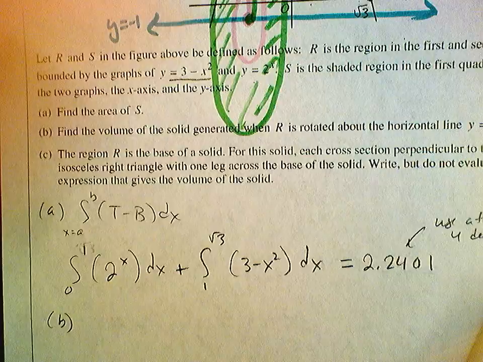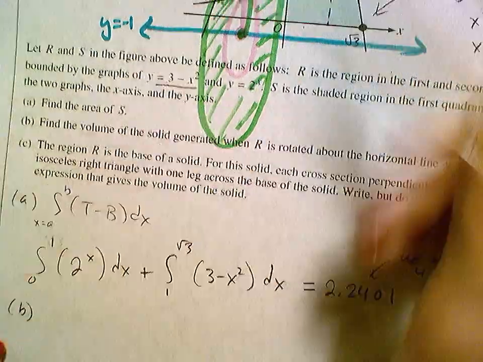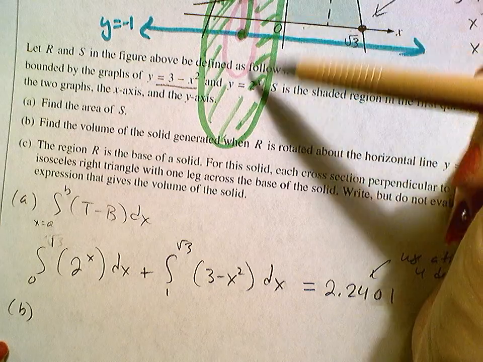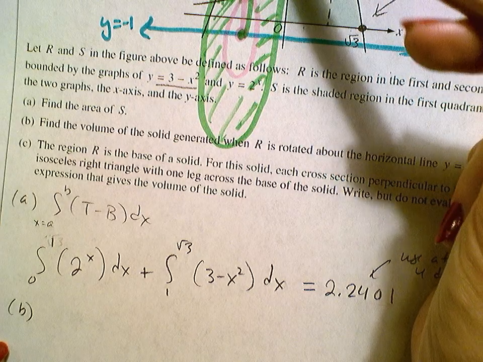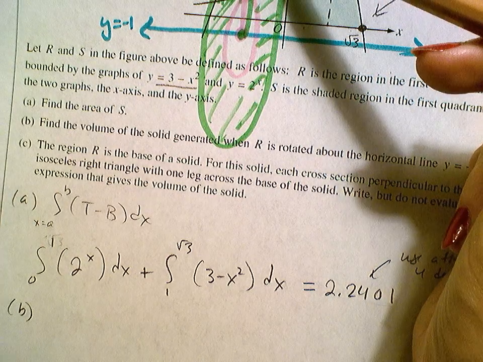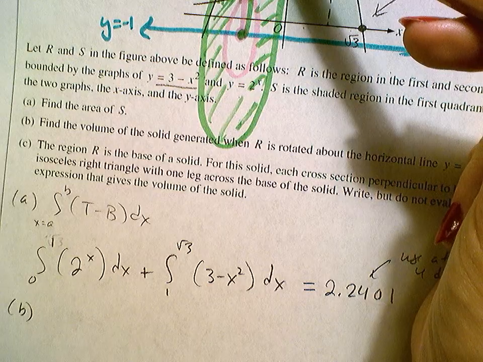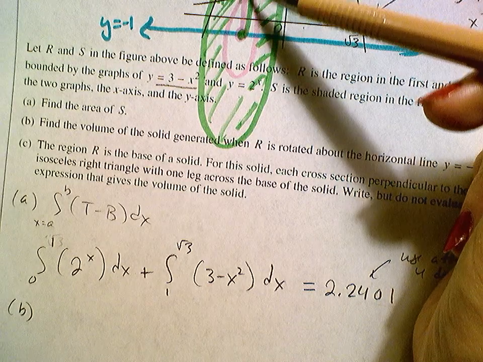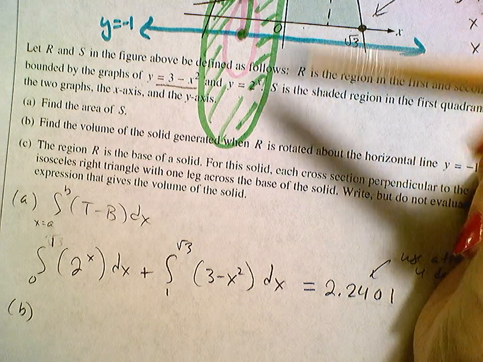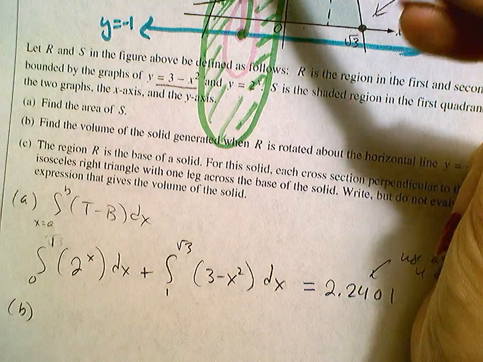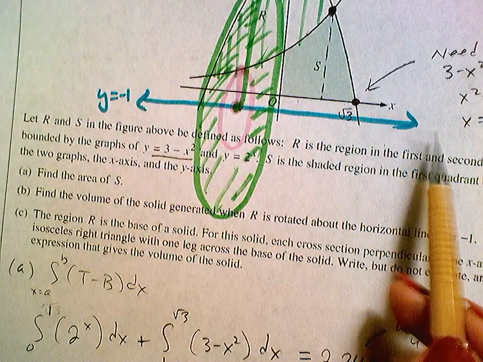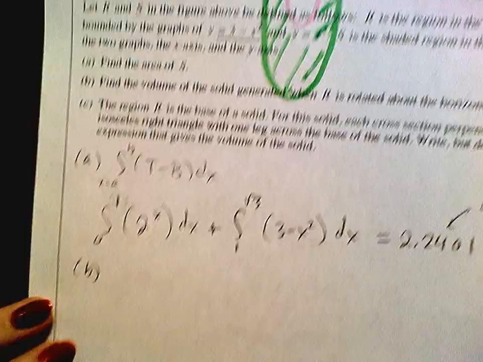In this case, we'll use area as a function of x. The radii are perpendicular to the x-axis, I guess, because we're rotating around a horizontal line. I should just stop talking.